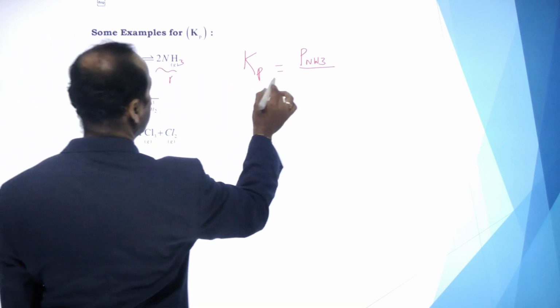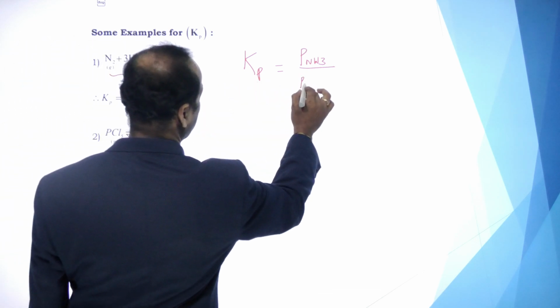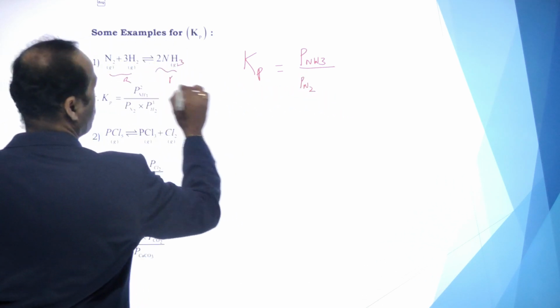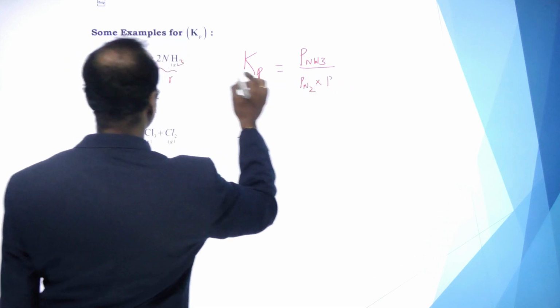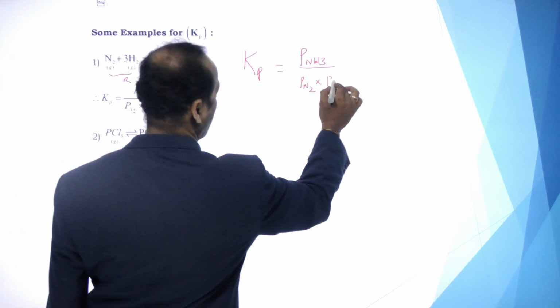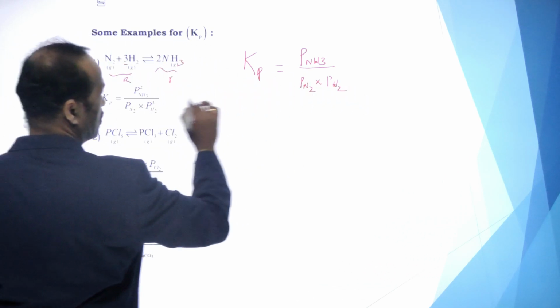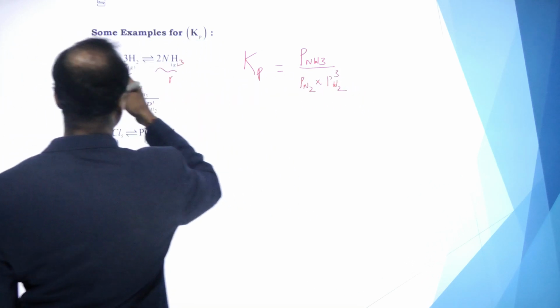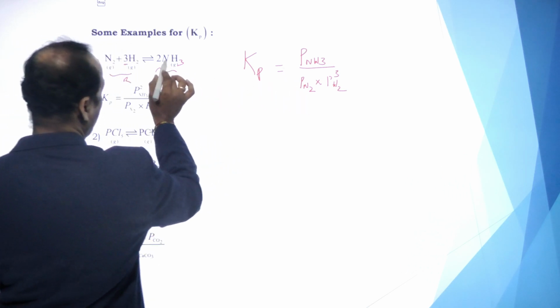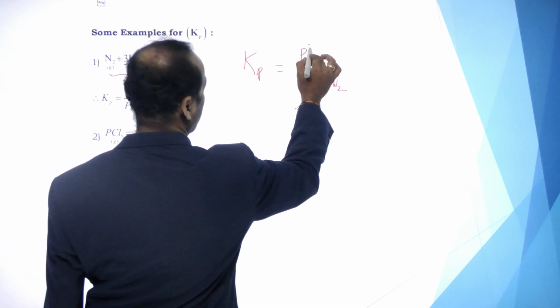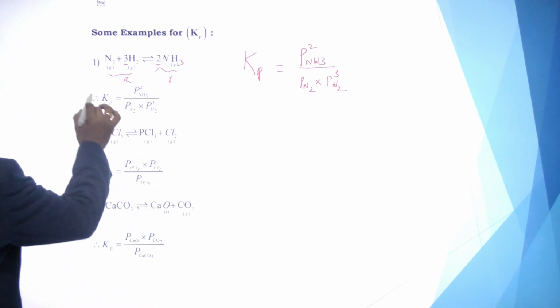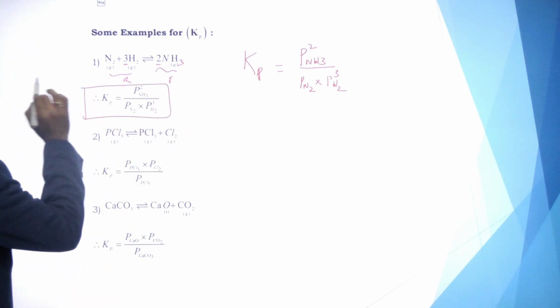The reactants are nitrogen and hydrogen. So partial pressure of nitrogen into partial pressure of hydrogen. How many moles of hydrogen are there? 3 moles, so write 3 here. How many moles of nitrogen? 1, need not write. How many moles of ammonia? 2, so write 2 over. That's all. So this is the answer.